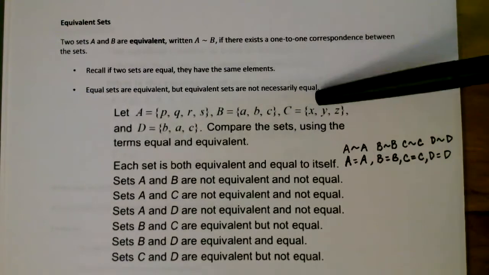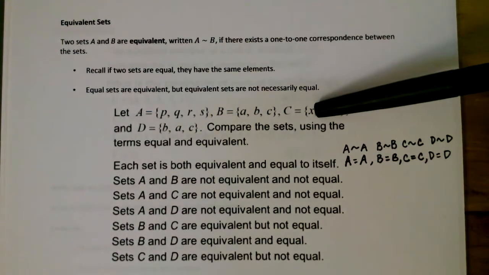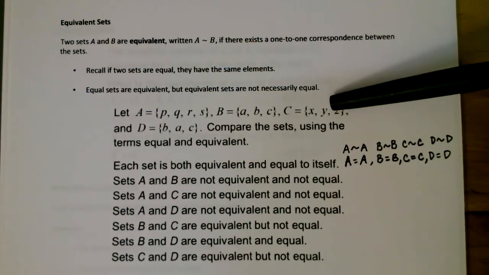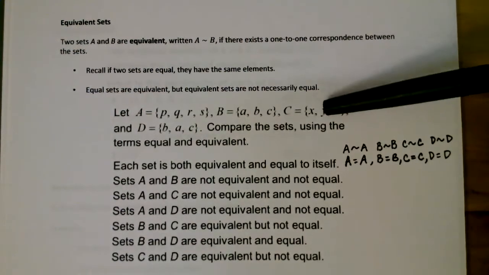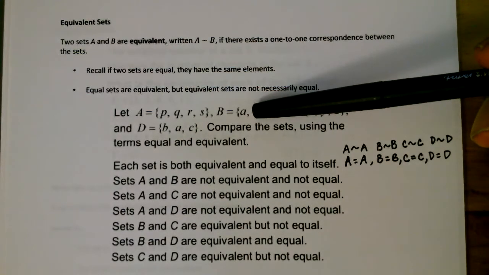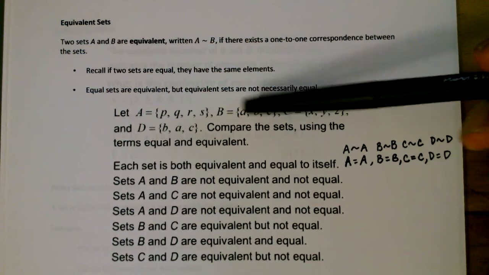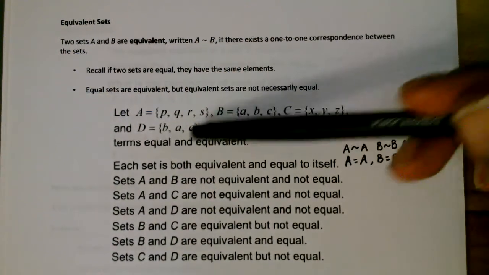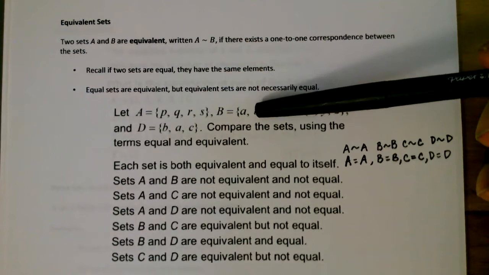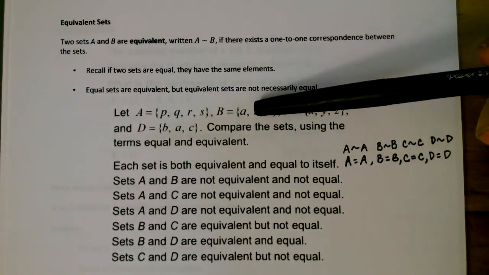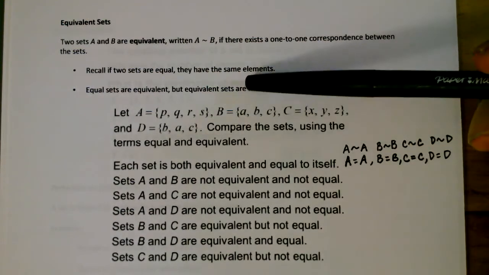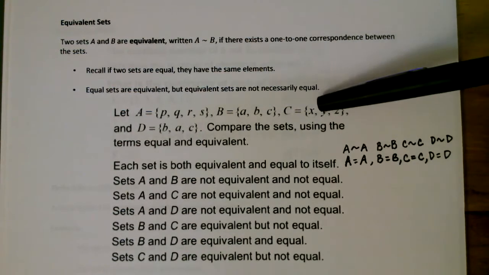Now, sets B and C, they're equivalent because I can come up with a one-to-one correspondence. But they're not equal because what's in B is not in C, and what's in C is not in B. All right, take a look at sets B and D. They are equivalent because I can come up with a one-to-one correspondence, and they are equal because what's in D is also in B, and what's in B is also in D. Now compare set C and D. They're equivalent.